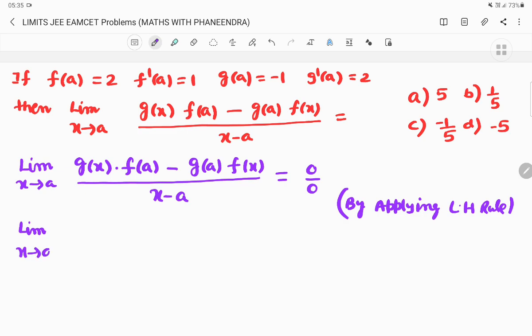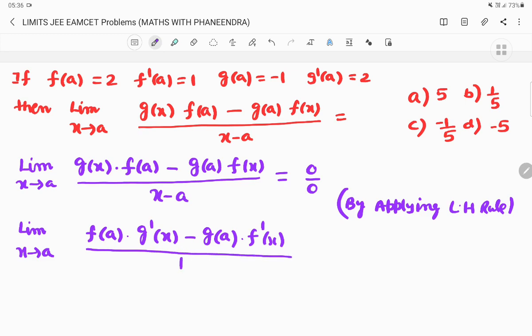limit x tends to a, differentiation of numerator, f of a is constant, no? So f of a into g of x derivative is g dash of x, minus g of a is constant, f of x derivative is f dash of x, divided by x minus a derivative is 1. Now after that you can substitute the respective values. X is equal to a, substitute f of a into g dash of a minus g of a into f dash of a.